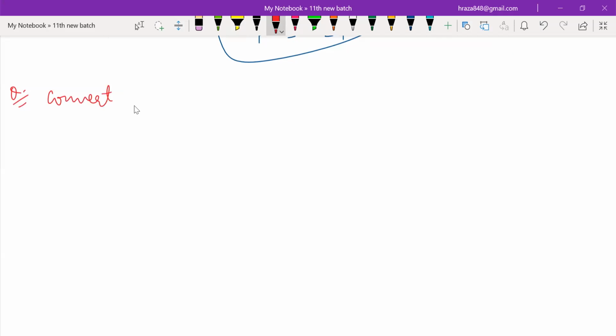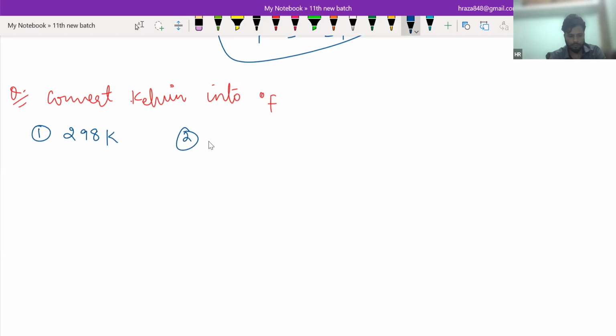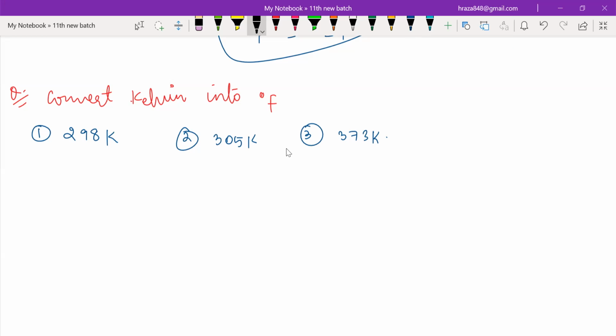Convert Kelvin into degree Fahrenheit: 298 Kelvin, 305 Kelvin, 373 Kelvin. Can you do this, or should I explain the first one? Please explain the first one.